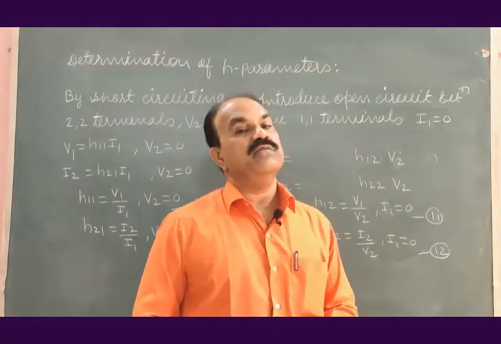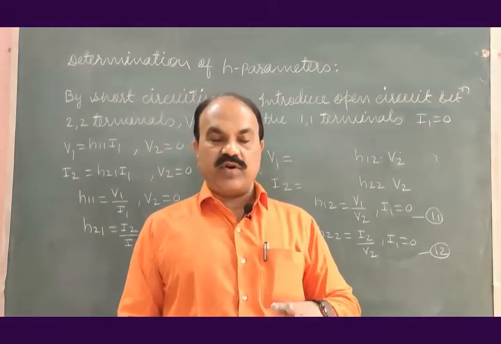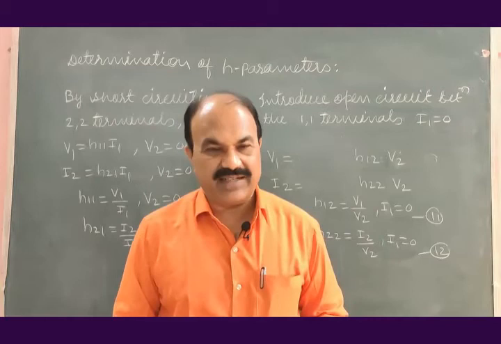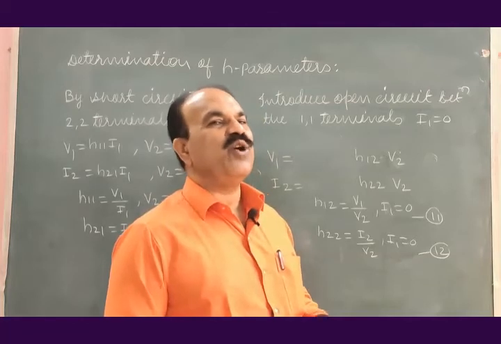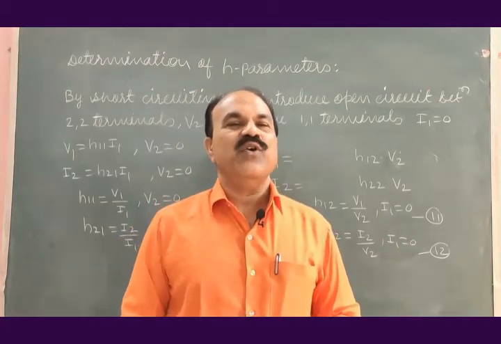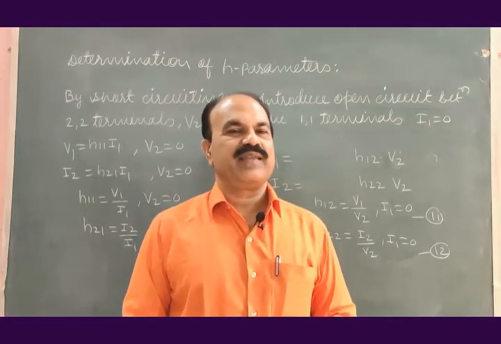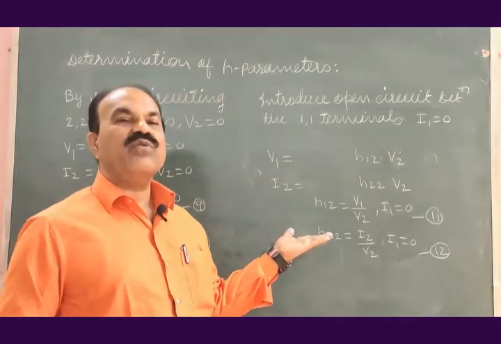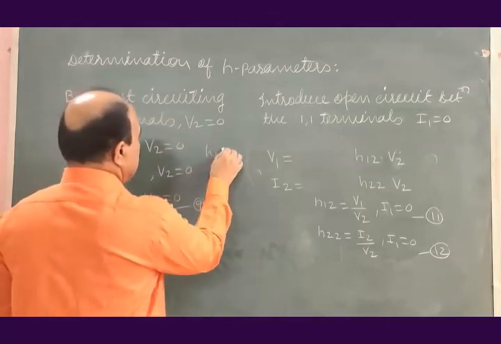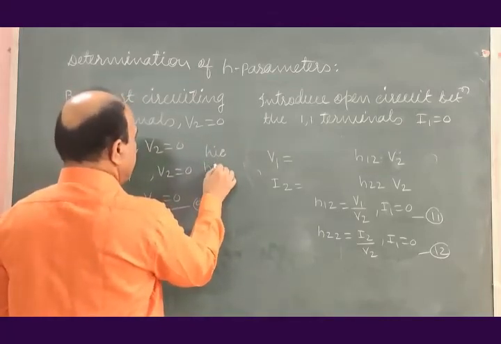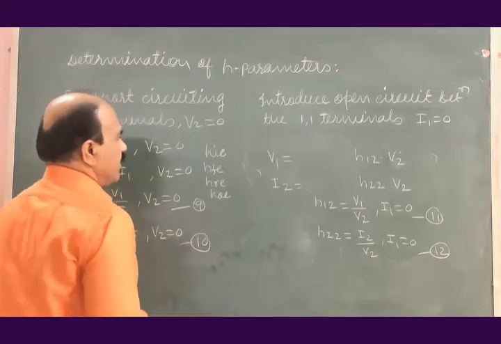Now, depending on whether you are finding these H parameters for common base connection, common collector connection, or common emitter connection, the nomenclature of these hybrid parameters will vary. It will be different for different connections of the transistor. If these parameters are found for common emitter connection of the transistor, then we may write them as HIE, HFE, HRE, HOE.